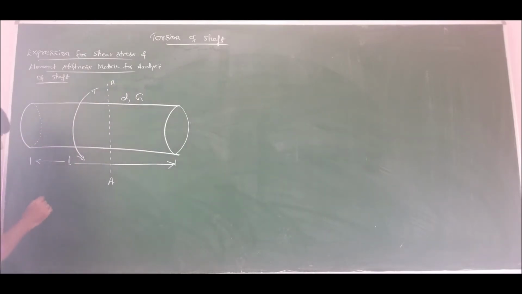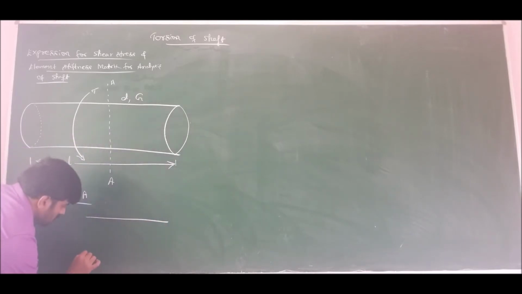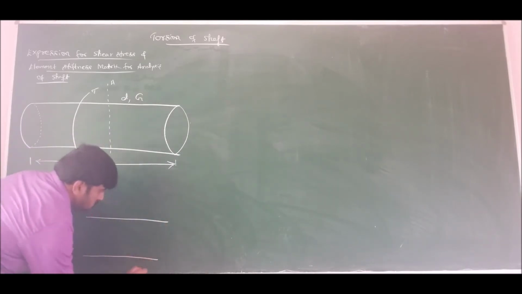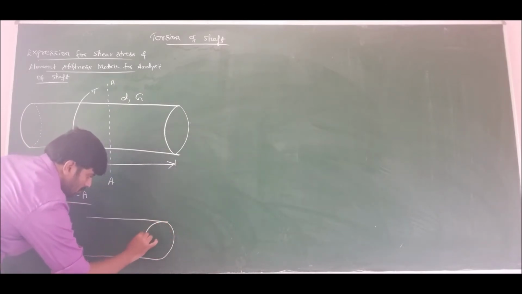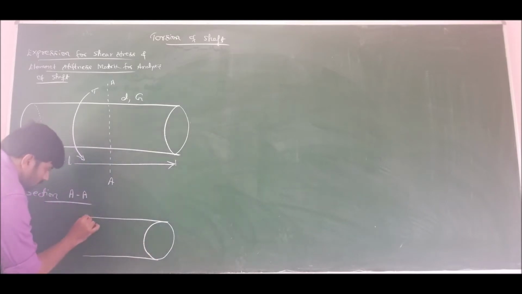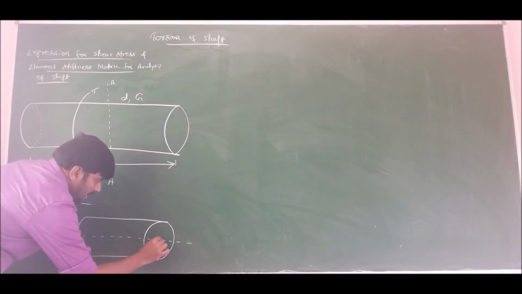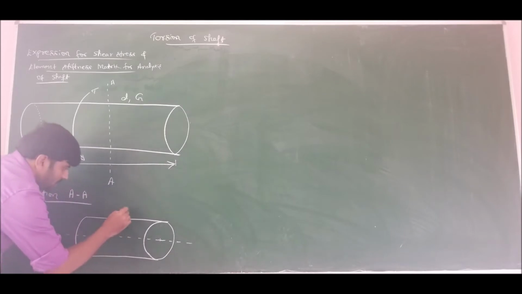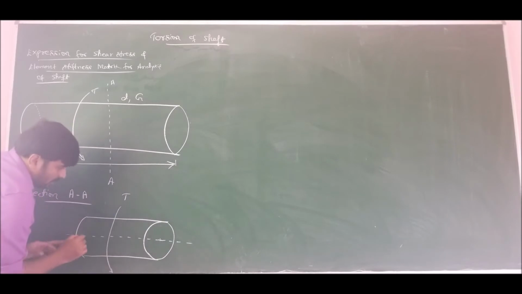and if I analyze the section AA, it looks like this. Let the radius be R. Due to the application of torque T, there will be an angular deformation.